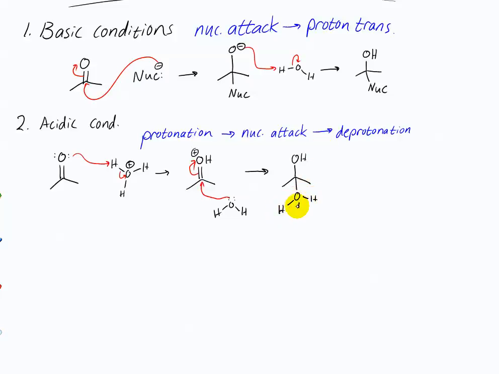And now, that's probably an okay product in an acidic solution. But if we really want to talk about a neutral product that we would ultimately isolate, that's where this final deprotonation would come in. Right, so another molecule of water might deprotonate this so that we have a neutral product.